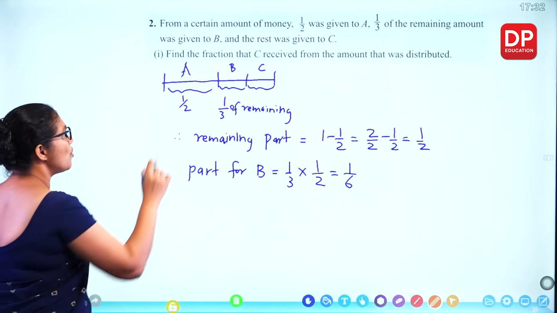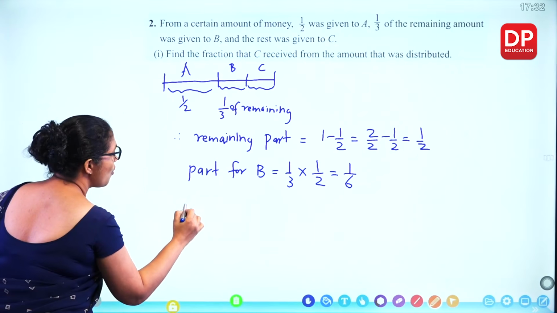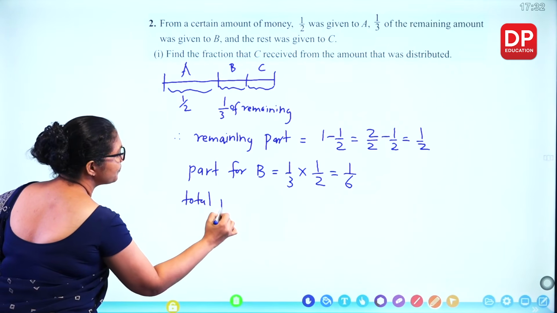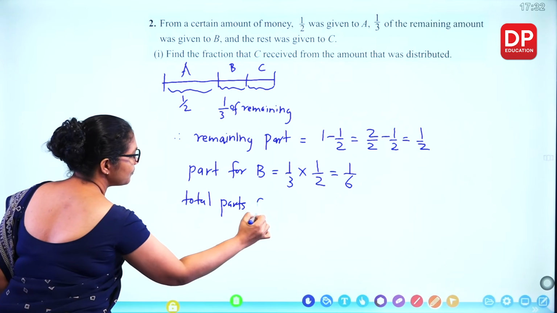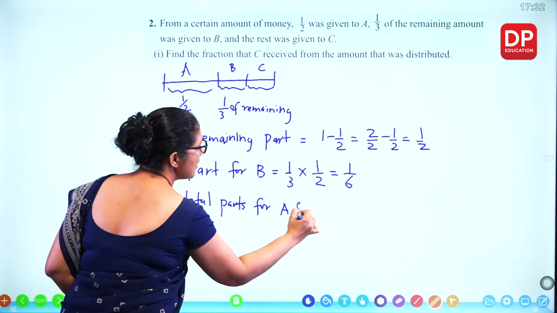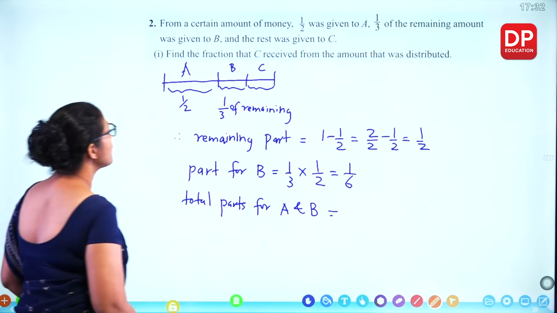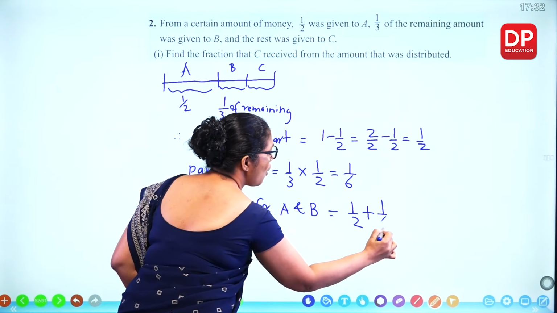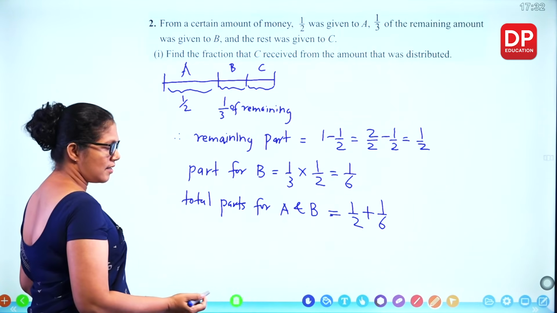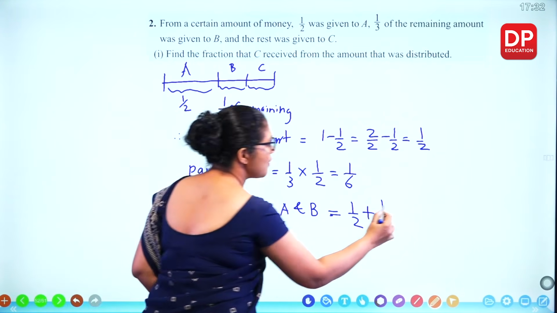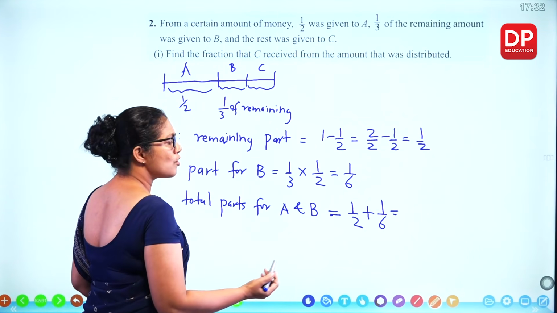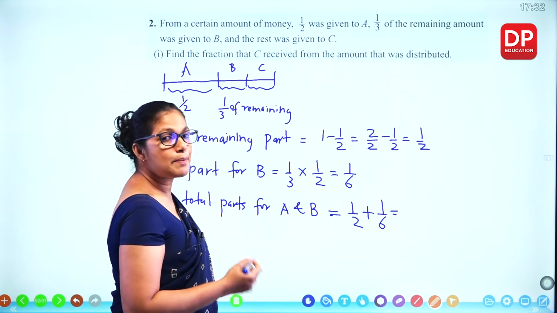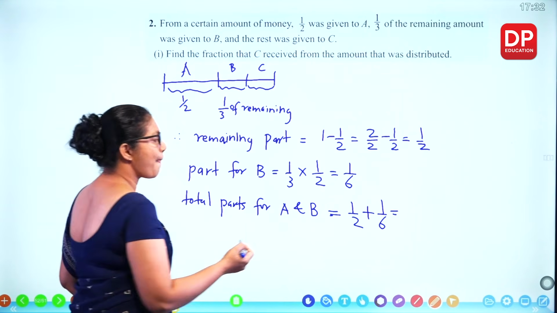So for A and B, what's the total parts for A and B? Half for A and 1/6 for B. Different denominators, you need to convert to the same denominator. So what's the lowest common multiple of 2 and 6?